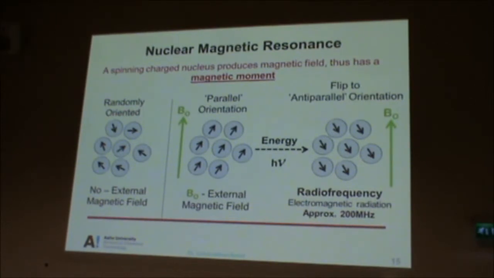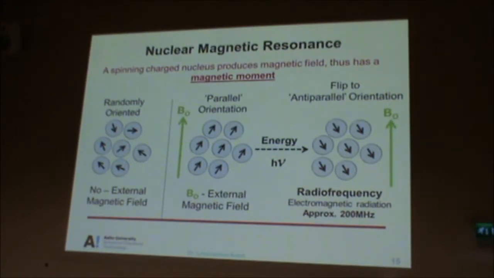But if you supply energy, the right photon energy, they will flip to oppose the field. This is specific to a nucleus. Let's say you take a proton bonded to a carbon. It will have a certain energy required to flip it from being aligned with the magnetic field to opposing it.